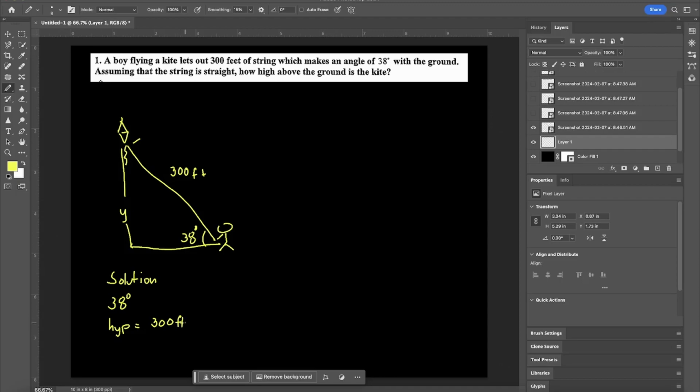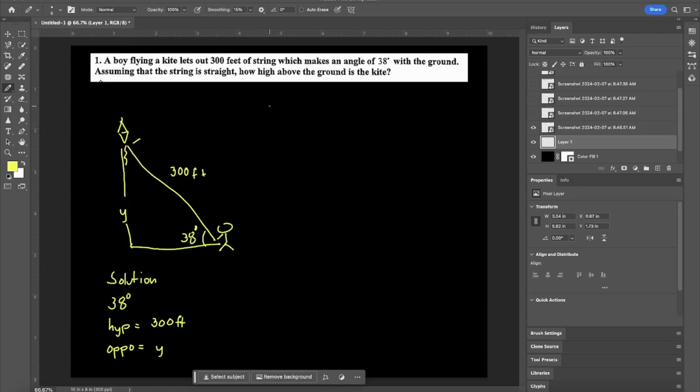And we are being asked for our vertical distance from the ground to our kite. That would definitely be our opposite side in relation to the 38 degrees. So let's call that our y.